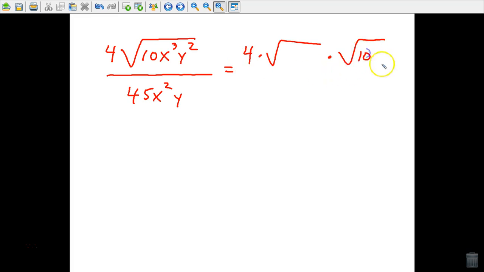So square root of 10 will be over here not able to be simplified. For x to the 3rd, remember I'm going to do that as x squared, which is perfect, times not perfect x, and y squared is a perfect square root, or has a perfect square root because 2 divides into 2.